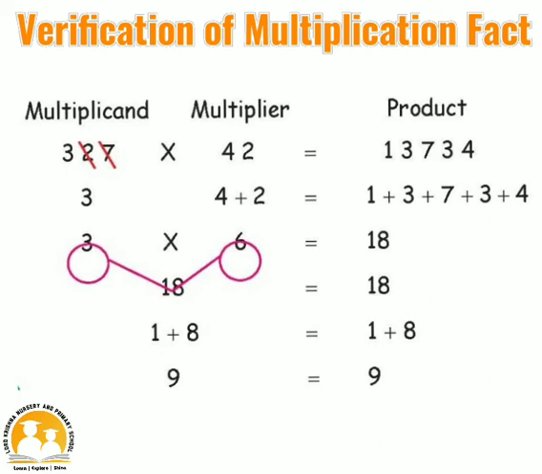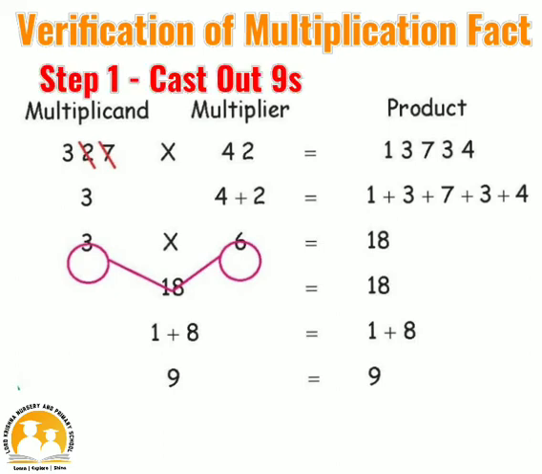Similarly, we can check any multiplication problem using the casting out 9s method. Look at this example, children. The multiplicand is 327, 42 is the multiplier, and the product given is 13,734. Step 1 is to cast out all the 9s and the components of 9. 2 and 7 are cancelled here.